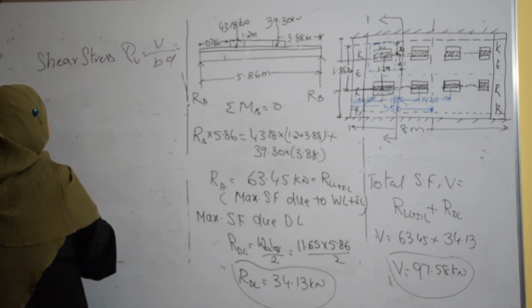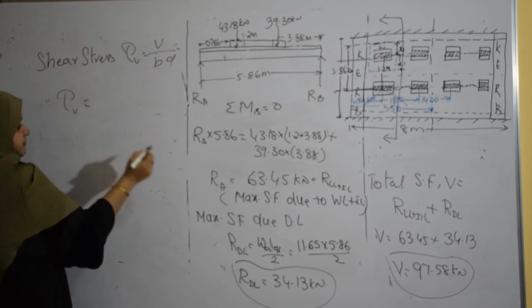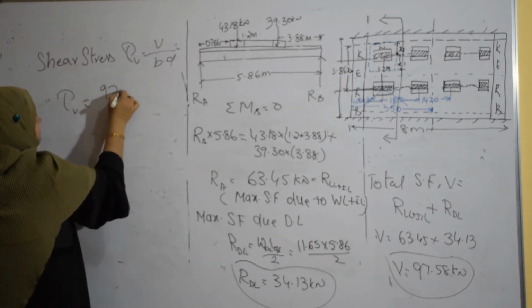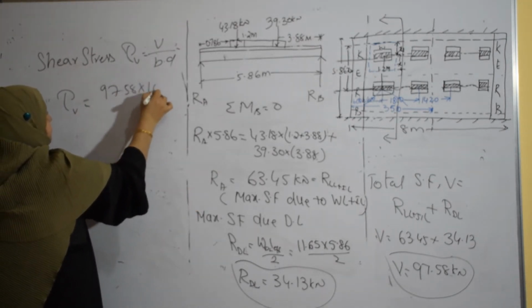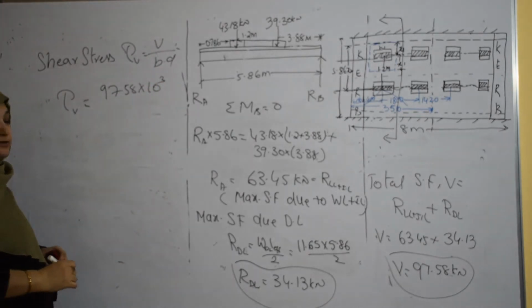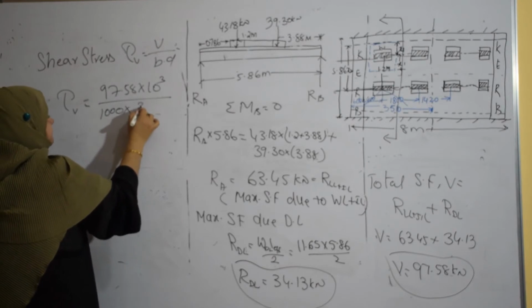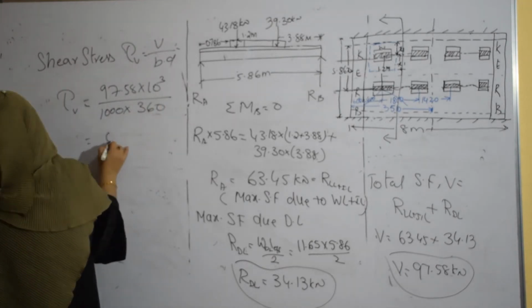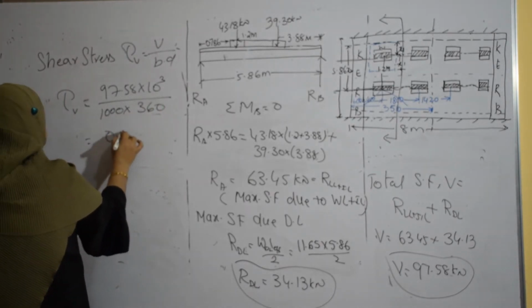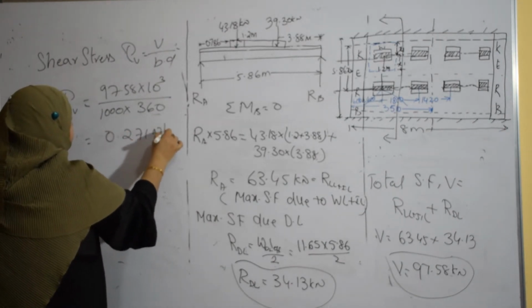V is 97.58 kilonewton, we have to convert it into Newton, so multiply with 10 to the power of 3, by D. For a 1 meter slab, D is 360 mm. So this comes out to be 0.271 Newton per mm square.